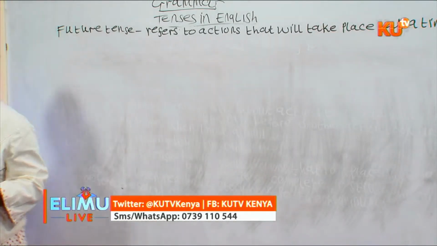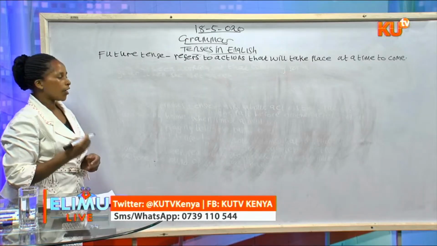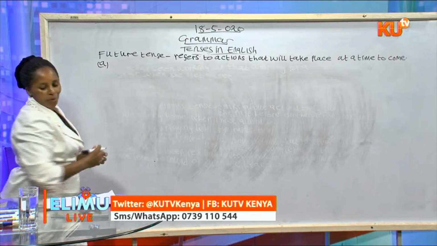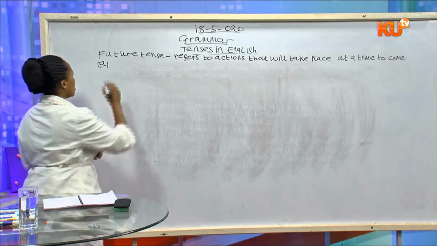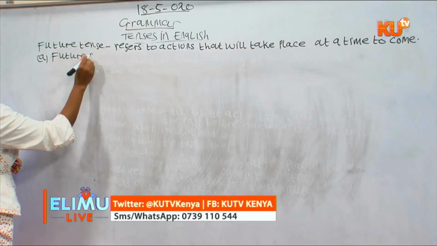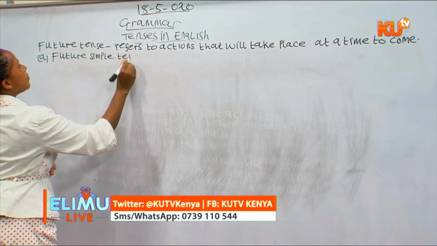And in this kind of tense as well, we have 4 categories. We have the future simple tense.